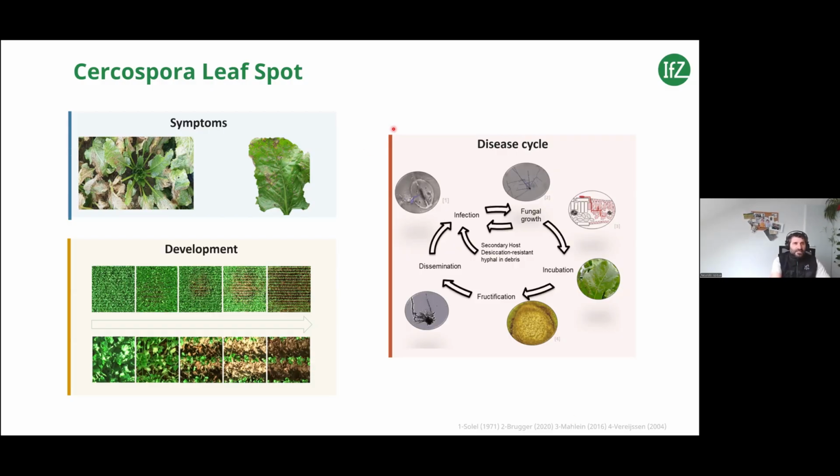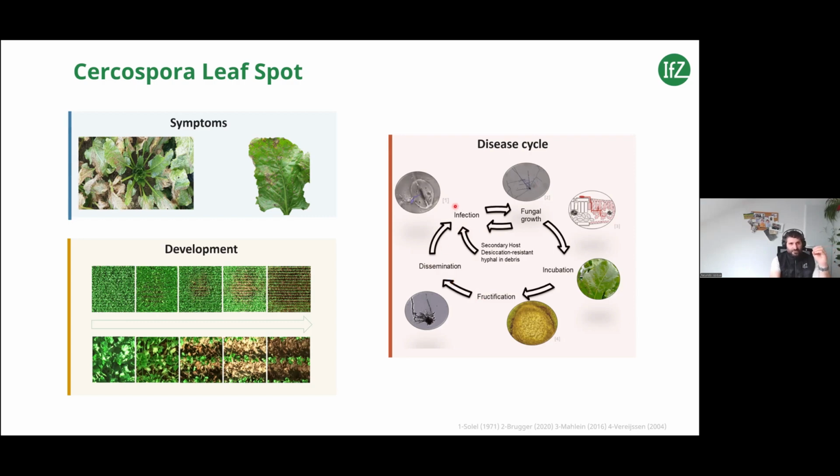The disease starts like a small spot on the leaf, and after that the spots collapse together, and you can see here the development in the field. At the end, you lose all your photosynthetic part. How does that work? The disease starts when a spore comes to the leaf.